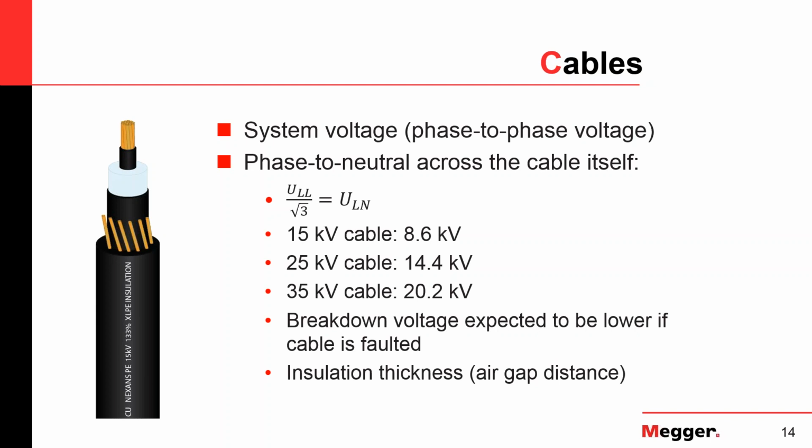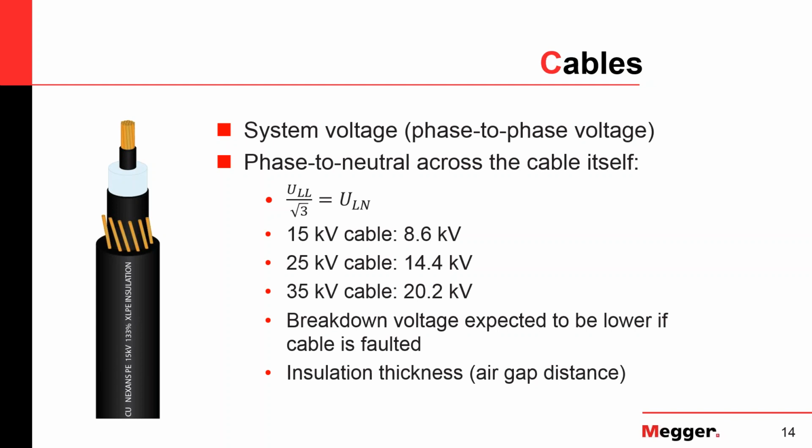Now, if you have a cable fault and only one phase is faulted, and the other two cables are not, then the problem there is each individual cable does not see the 15 kV, even though it's referred to as 15 kV cable. Because the potential difference is between the conductor and the neutral, the return.